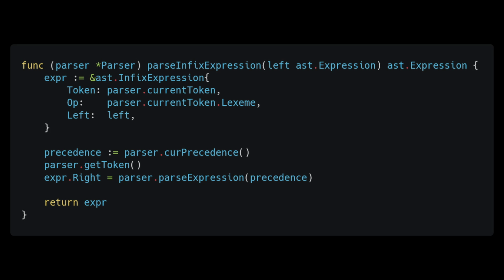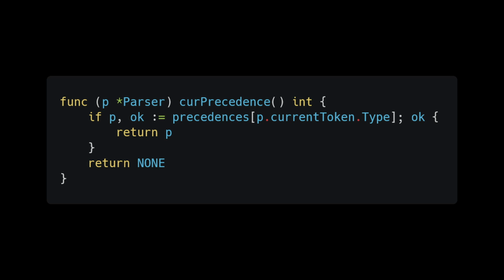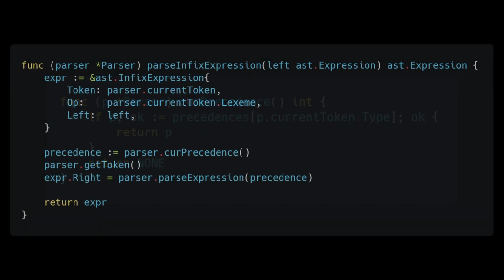We then call a helper method to call the current precedence that just retrieves the current token's precedence. It looks like this. Returning to our parse infix expression method, we then call getToken to advance our parser. We then finish by calling parse expression again, this time passing in the precedence we just received. Then we return the expression.